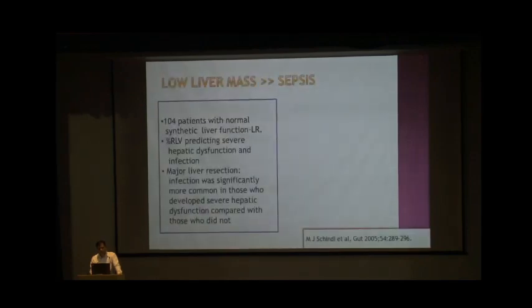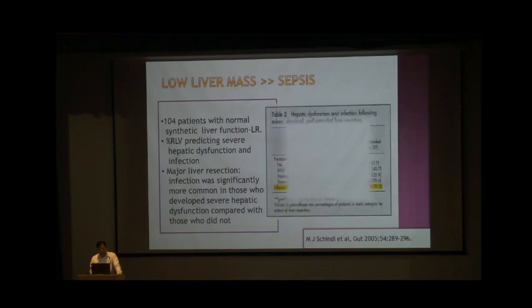However, does low liver mass lead to sepsis? Probably yes. One study published in 2004 in liver resection patients looked into the percentage of RLV, that is remnant liver volume, and the incidence of sepsis. What they found is that the incidence of sepsis is more common in patients with lower liver remnant, which leads to severe hepatic dysfunction.